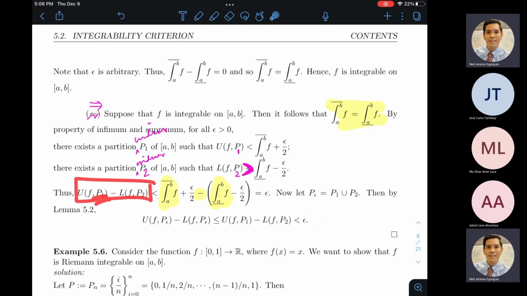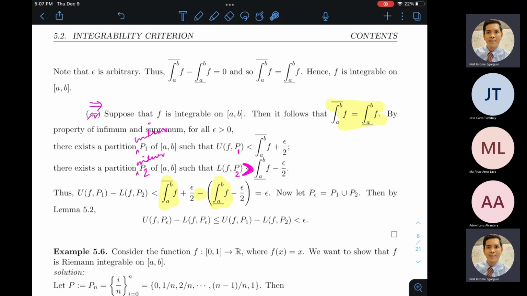Dito nakuha natin magkaiba pa yung partition. So gagamitin ko yung lemma 5.3, right? By considering the refinement P epsilon, which is P1 union P2 of P1 and P2. All right? Siya yung magiging response ko dun sa arbitrary challenge epsilon given earlier.